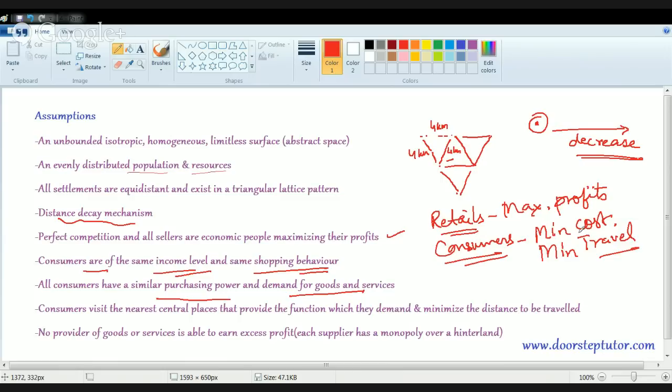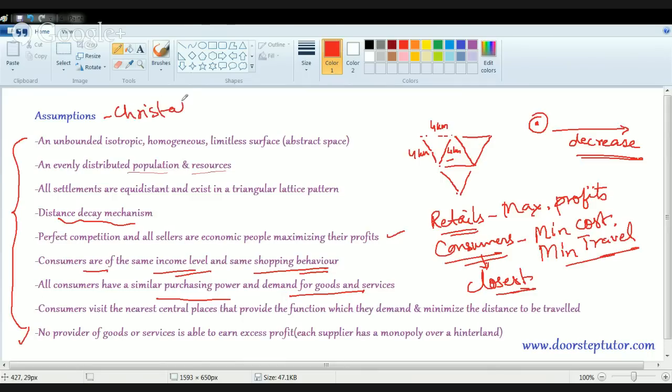They will also try to visit the closest place, and since they will try to visit the closest place, they will minimize the cost of traveling and minimize other costs. And finally, he said, no provider of goods and services would be able to earn extra profit. So these were the assumptions that were taken into account by Christaller.